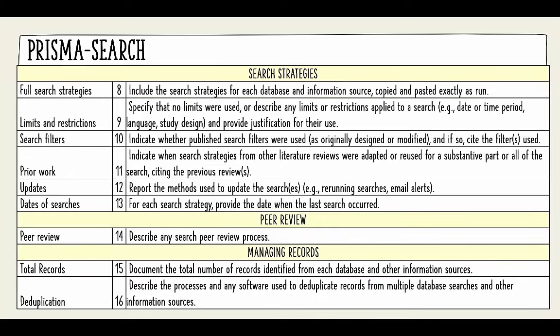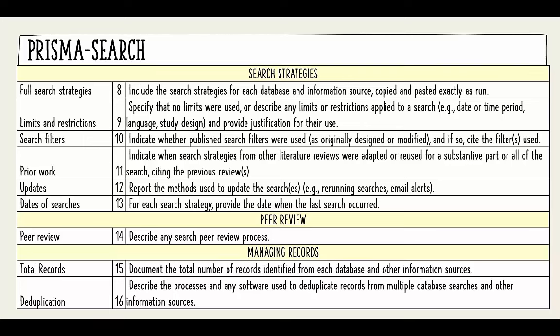And then when we look at the next page, this is getting into the search strategies themselves. Of course, we want those to be copy pasted, the search filters. If you used any other searches to develop yours, it's really important. We like to be cited, right? We talked about that with authorship. And then was it peer reviewed?